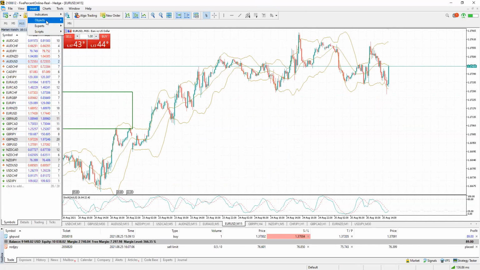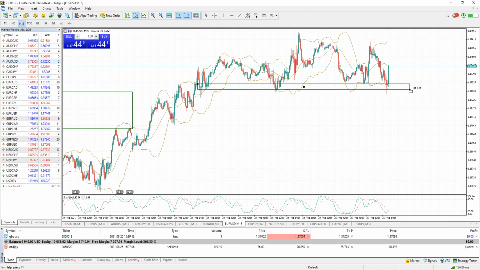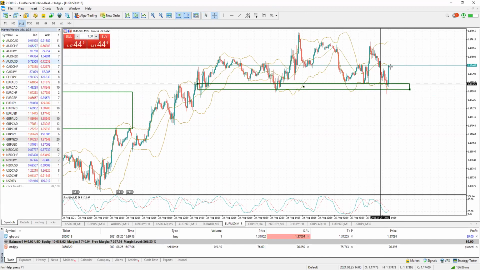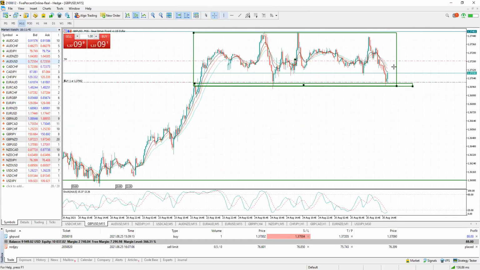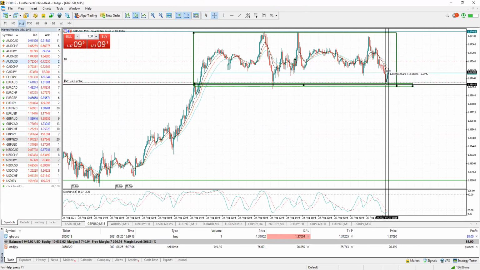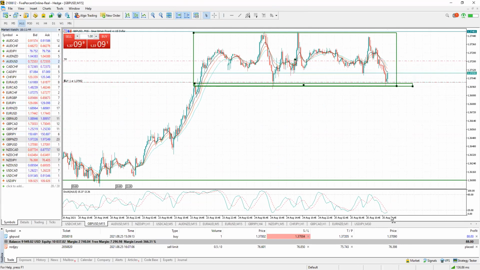Okay, you can see on the M15 we have this rectangle, and it also made a big reaction here. Actually, it already made 12 pips, and then on the GBPUSD, not so much. So it's the same setup on all the pairs, you see.